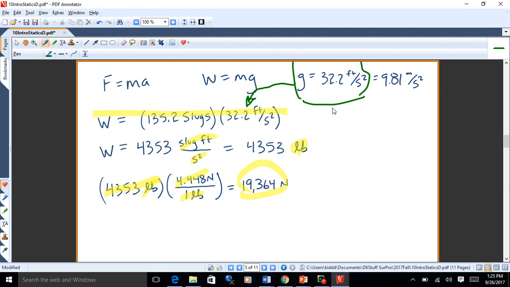Okay, so we're good with that? So we get the weight figured out by taking mass times acceleration, and then we convert that into newtons. We're good?